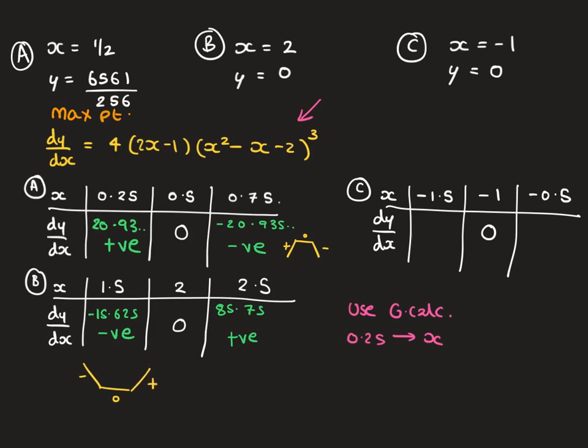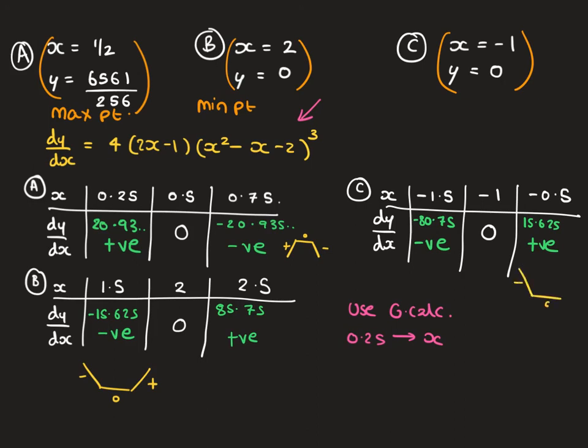So this is clearly a minimum point here. So I've identified A and B, and now let's look at example C and see if we can identify what this is. So for the final part, we can see for C that we get a negative gradient, a zero gradient, and a positive gradient. So this is clearly another minimum point.